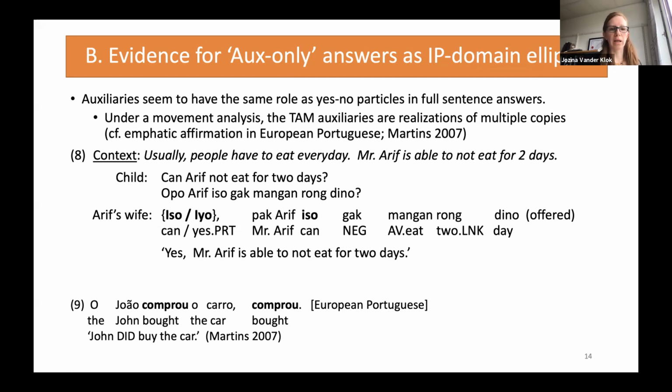And this can be likened to what Martins looks at in European Portuguese for emphatic affirmation. And she argues that these two instances of the inflected verb are realizations of multiple copies.